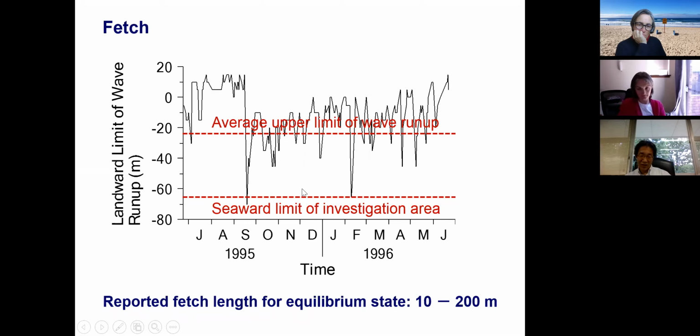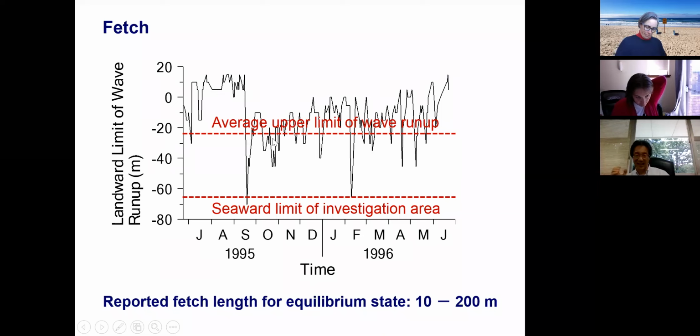This figure shows again the time series of the landward limit of the wave run-up. And here is the seaward limit of our investigation area. And this one shows the approximate average upper limit of the wave run-up. The distance is minus 25 meters, and here minus 65 meters.